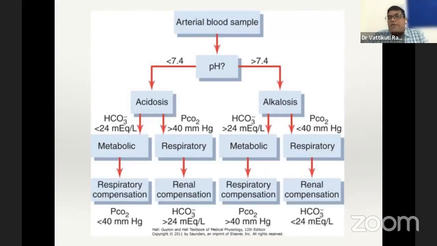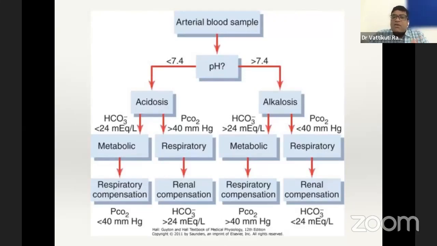On the other side, if the pH is more than 7.4, it is called alkalosis. If it is because of rise in bicarb, it is called metabolic alkalosis, and the compensatory mechanism is respiratory acidosis. And if the alkalosis is because of fall in PCO2, then it is respiratory alkalosis. Then the compensatory mechanism is that the bicarb also tends to fall, which is metabolic acidosis.